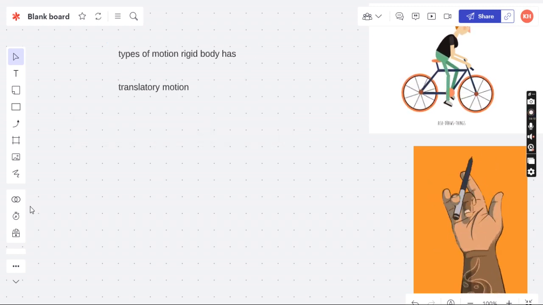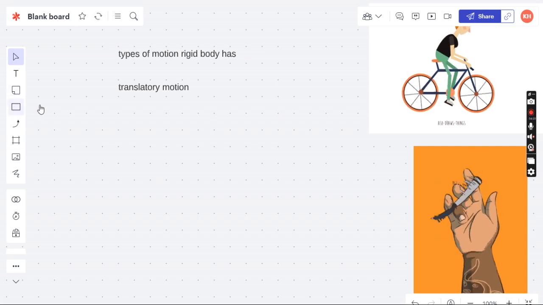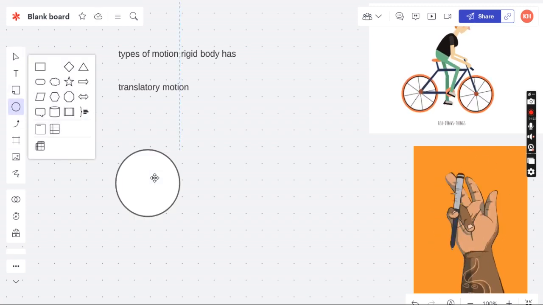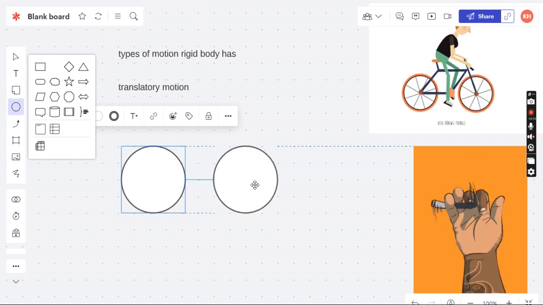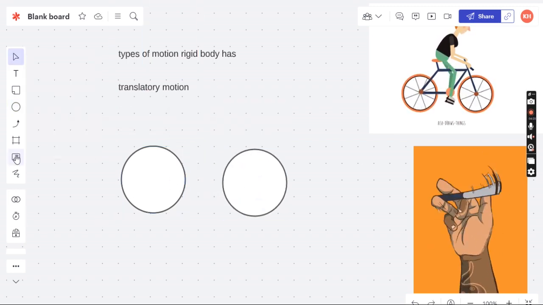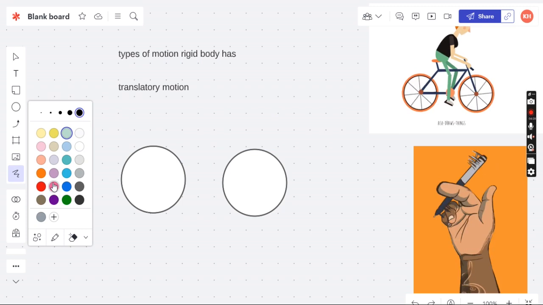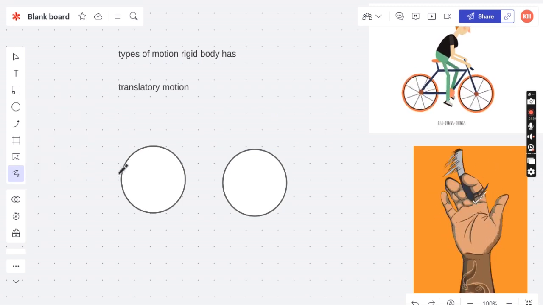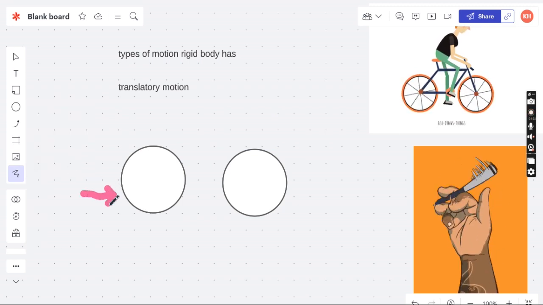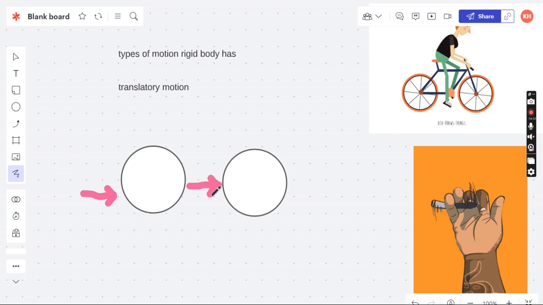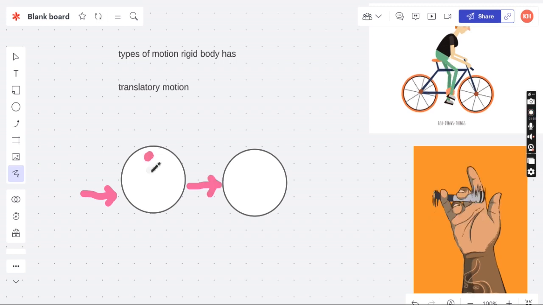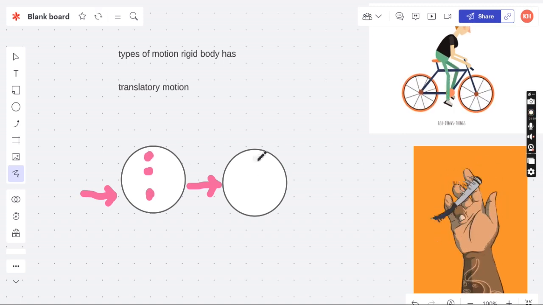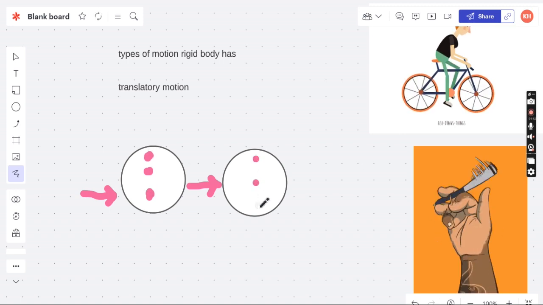So for example, let's take a circular body moving in a straight line. For example, this is particle 1, particle 2 and particle 3.